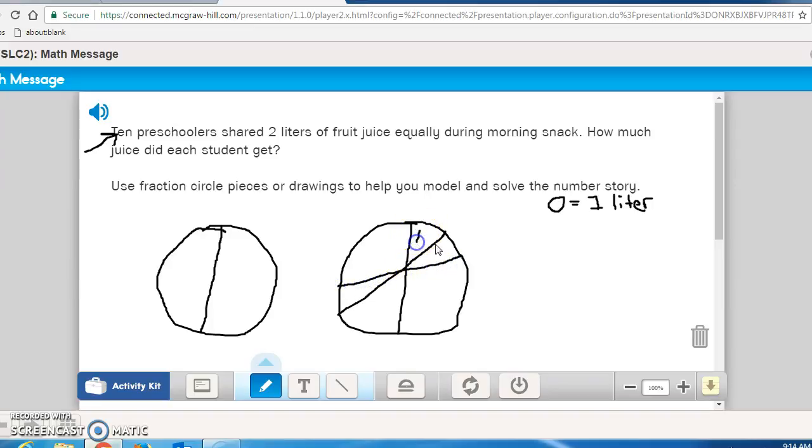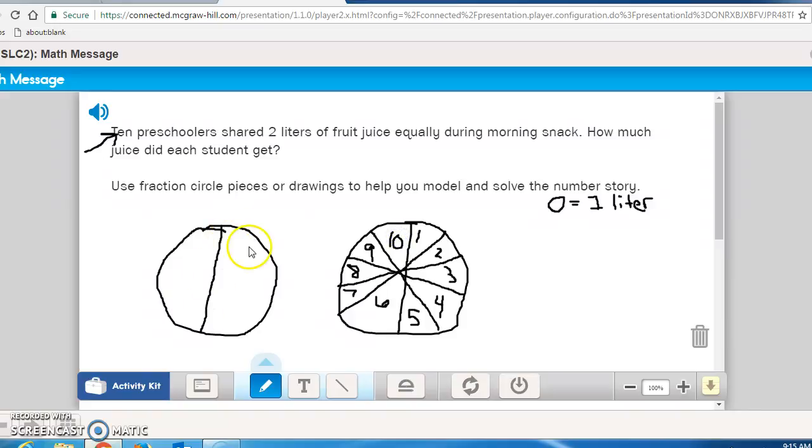So I have 1, I have 2, I have 3, and then 4, 5, which means there should be 6, 7, 8, 9, and 10.